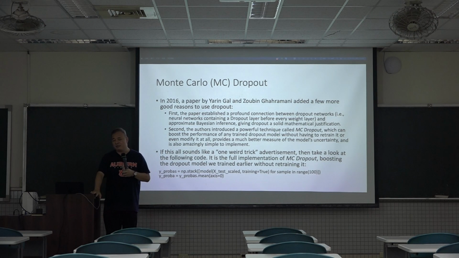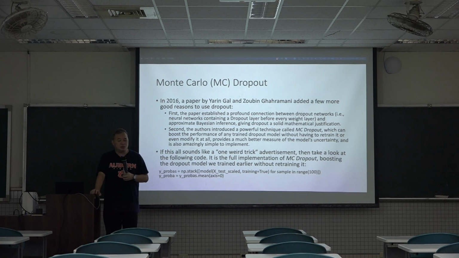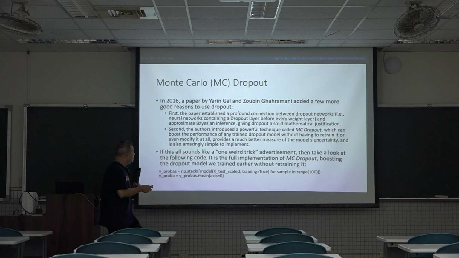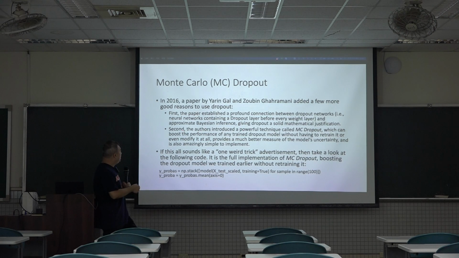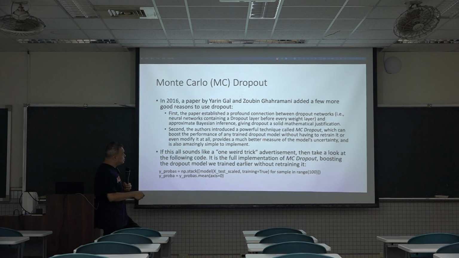But if a model is trained by dropout, MC dropout is able to improve the performance without the need to retrain or modify the model at all. So it's a very convenient approach, providing a much better measure of the model's uncertainty, and it's also amazingly simple to implement.